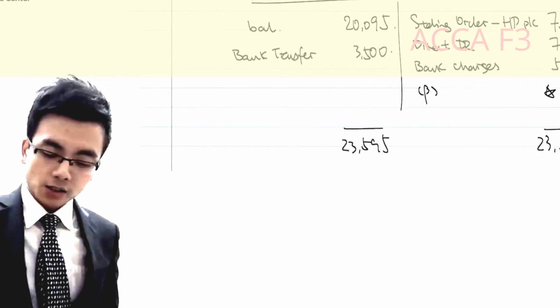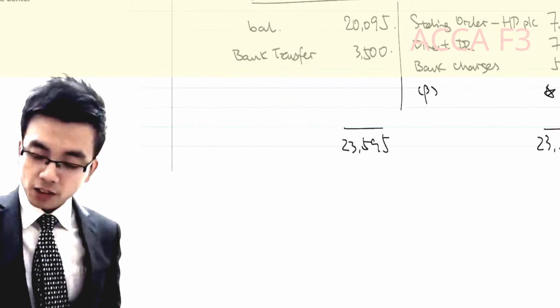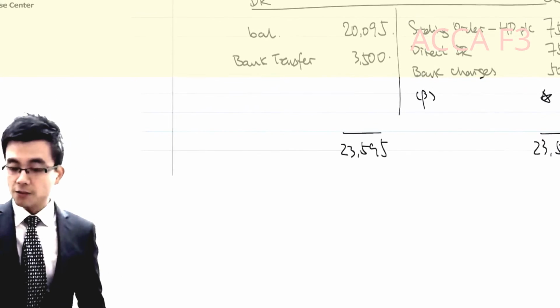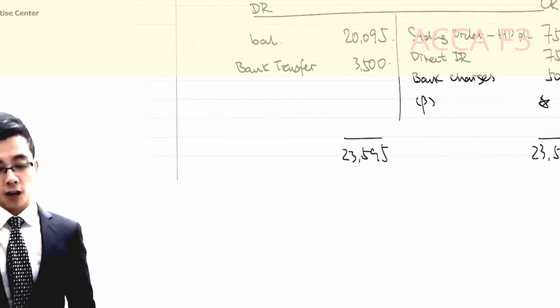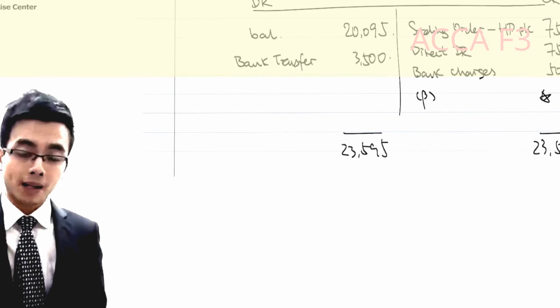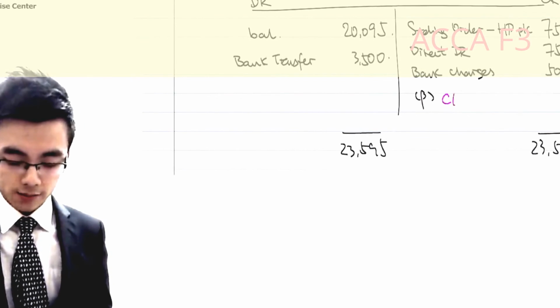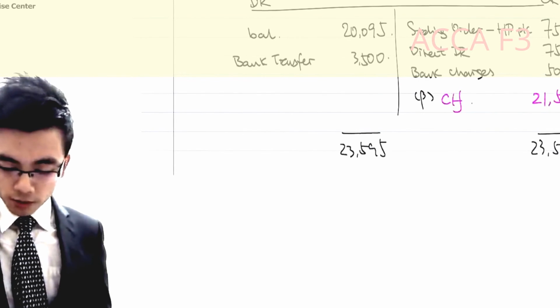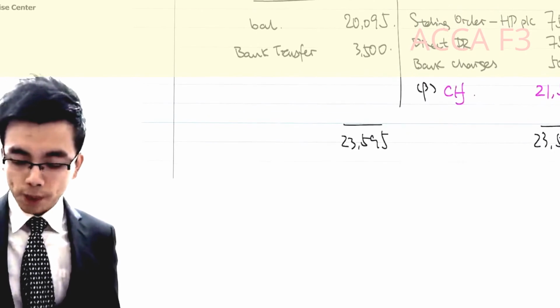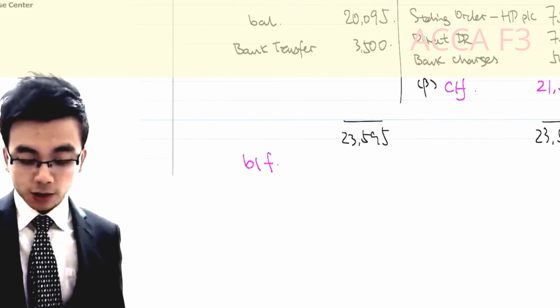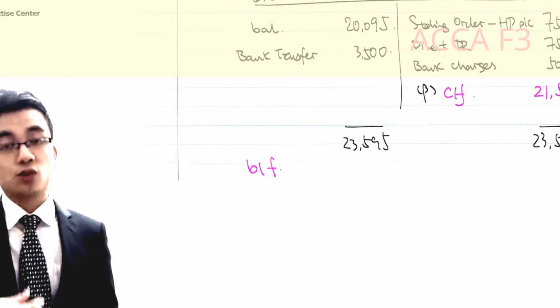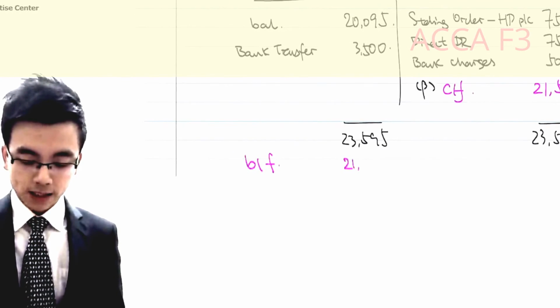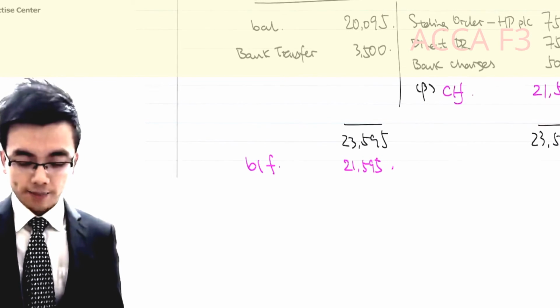And what you need to do then is use 23,595 minus those 750, 750 and 500. That will give us the balancing figure carried forward of 21,595, which would be the brought forward balance for the cash, which is the asset to the company in the next month or next year.